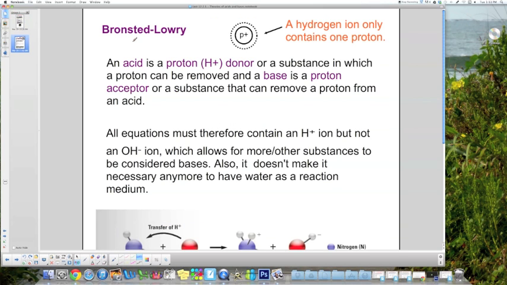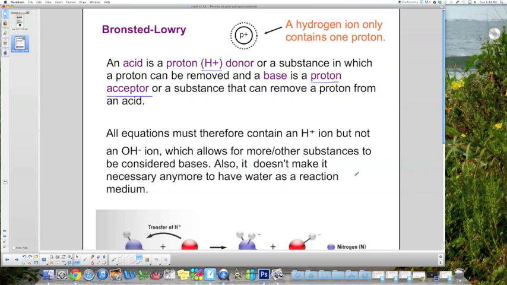What these two said is that an acid is a proton donor. So it does give an H plus, but a base, rather than giving off an OH minus, will actually accept that proton. So it's a proton acceptor.